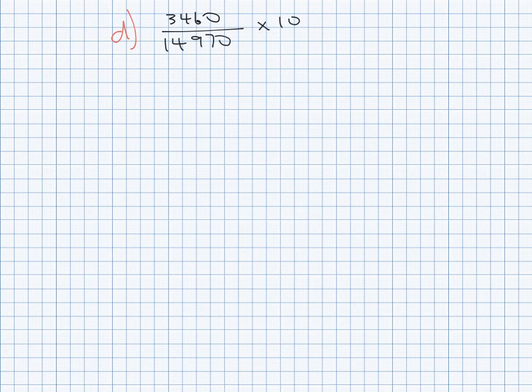To turn that into a percentage, just times it by 100, because you want that fraction of 100. So 3460 over 14970 times 100 equals 23.11, so 23% will be fine.